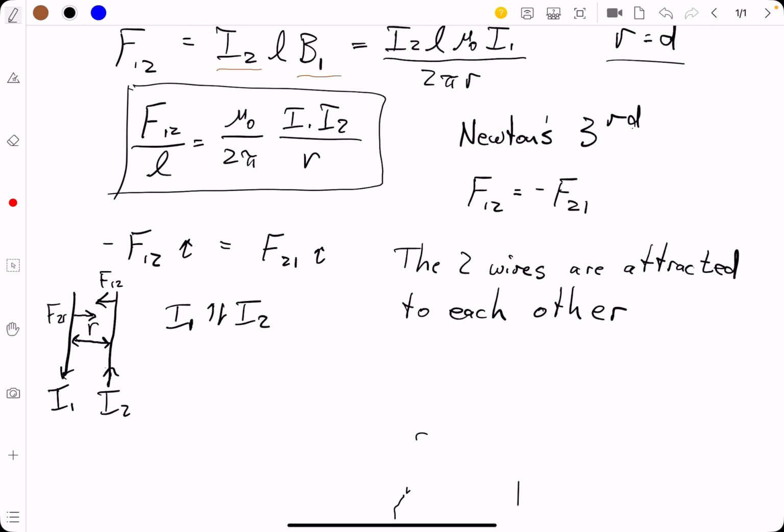In that case, the two wires repel. Okay. So, there's one other thing to this.